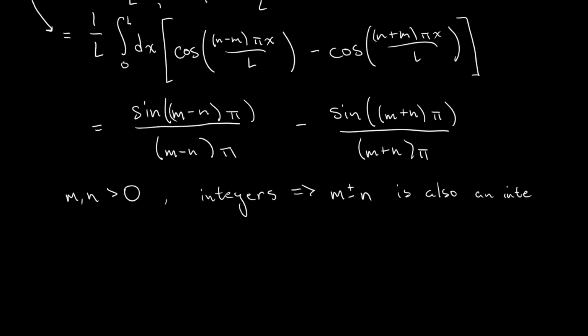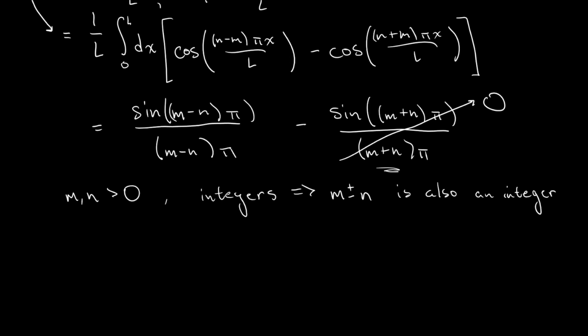Not necessarily positive, because if you subtract the two and n is greater than m, then of course you can get negative, but it's always going to be an integer. Which means that this term here is always going to vanish, no matter what, right? We already said that sine of an integer times pi is always going to give you 0. Since m and n are positive, the argument in the denominator is never going to go to 0, and we're fine.